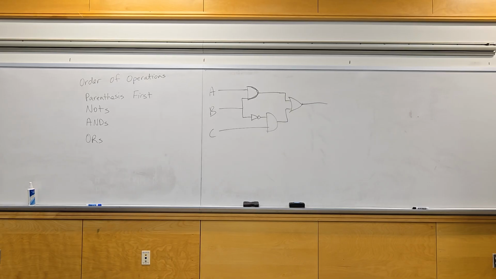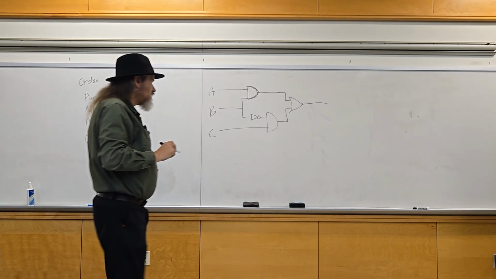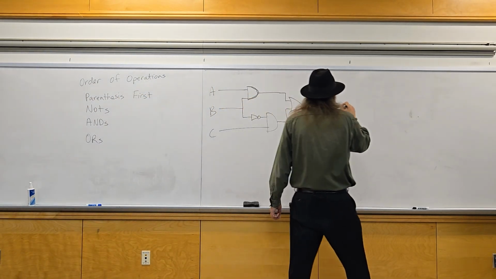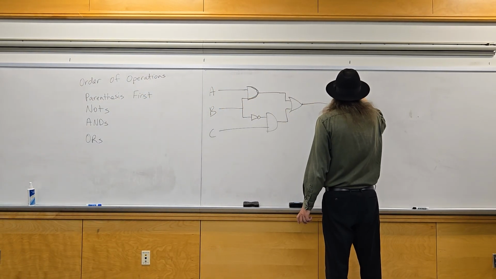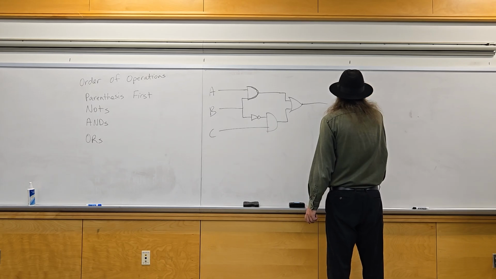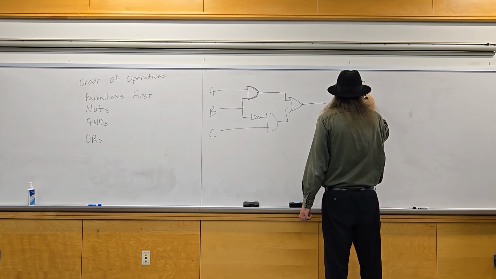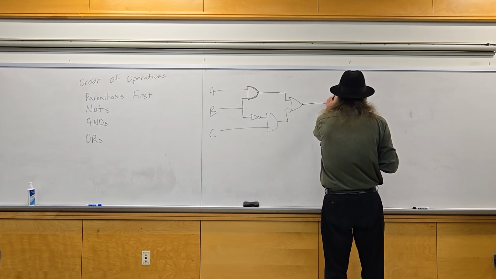The state table for this is going to have 8 possible combinations. I'm going to go ahead and use zeros and ones.